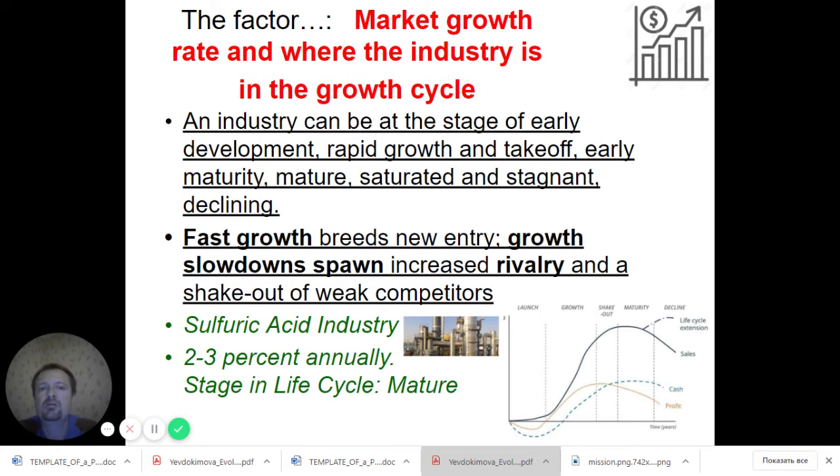But also you have to keep in mind that if the market is at the stage of decline, the competition in this market will be cutthroat. You will need this information for the next part of your project when you prepare the 5-force analysis.